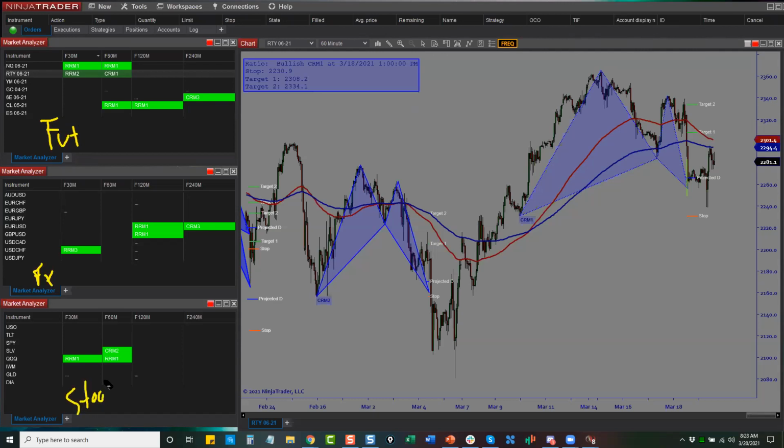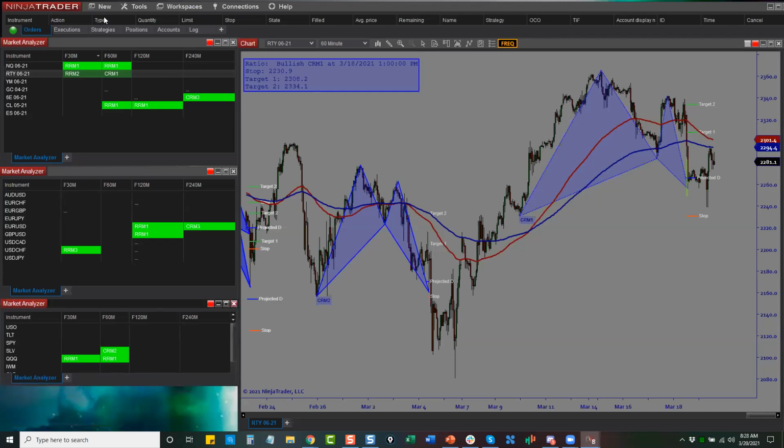I could load cryptos in here, but you can't trade cryptos through Ninja, though they do have a database with Coinbase where you can do all your charting. So you can apply cryptos on this, which would be very efficient, actually. In fact, I had a scanner here. Give me 1 second.